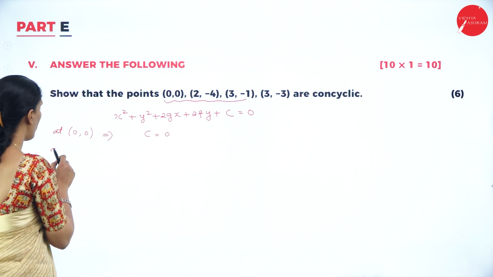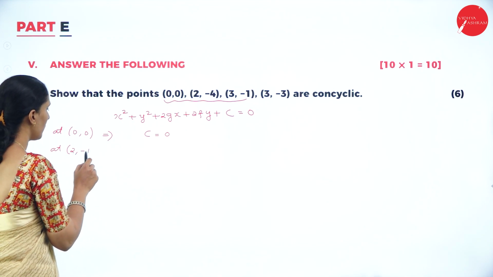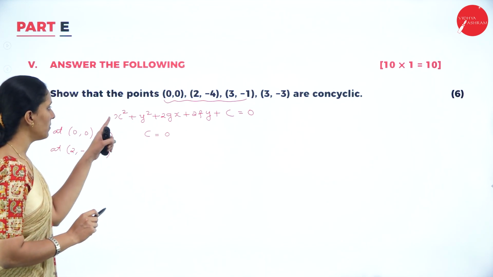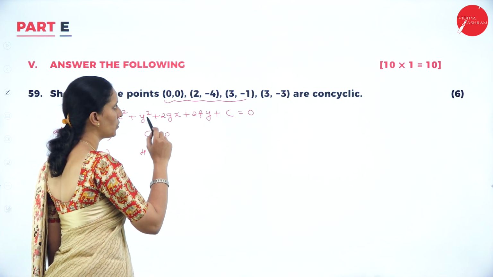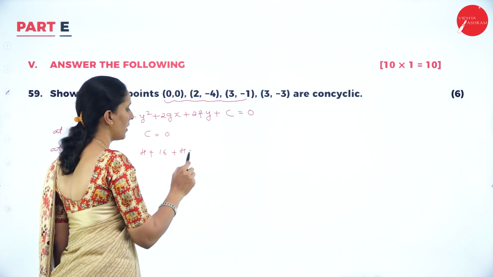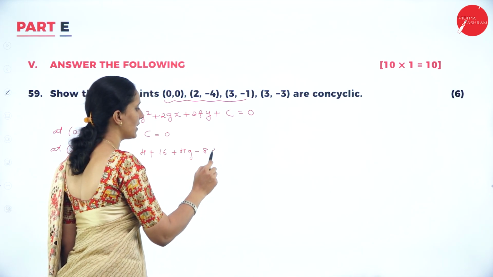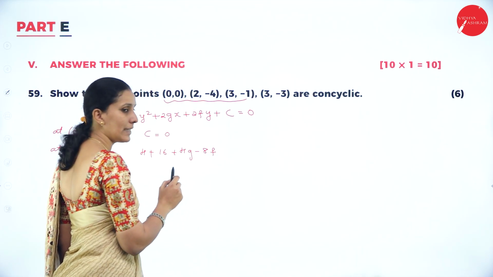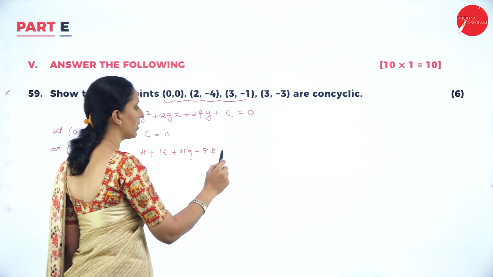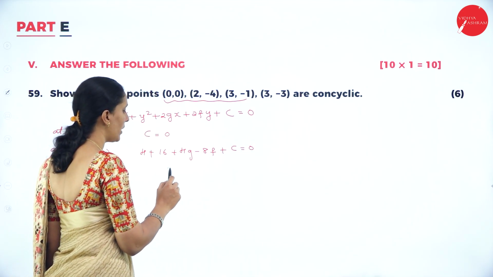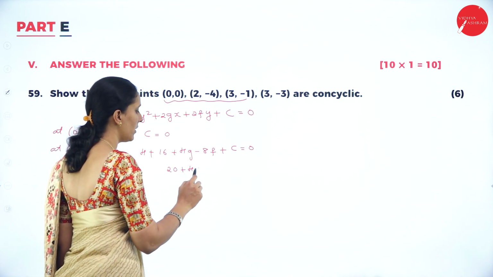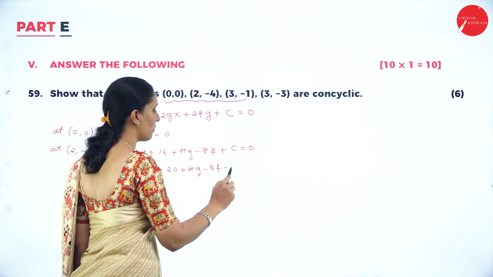Next, at (2, -4), the equation becomes 2 square is 4, 4 square is 16, 2 2s are 4g, next 2 into -4 is -8f, plus c, and c from the previous equation is 0. So here we will get 20 plus 4g minus 8f is equal to 0.